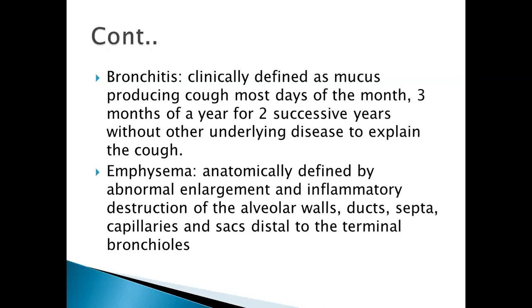And then that of emphysema is an anatomical definition where there's an abnormal enlargement and inflammatory destruction of the alveolar walls, the ducts, the septa, the capillaries, and sacs that are distal to the terminal bronchioles.